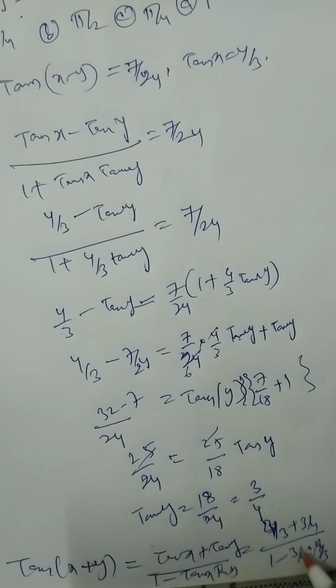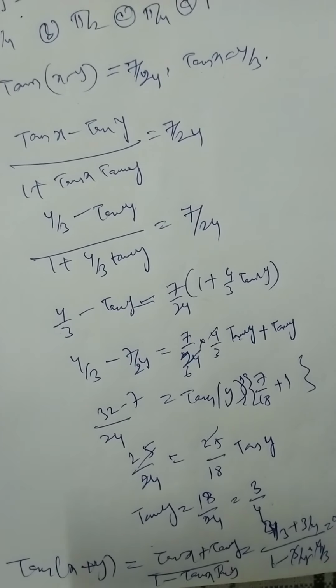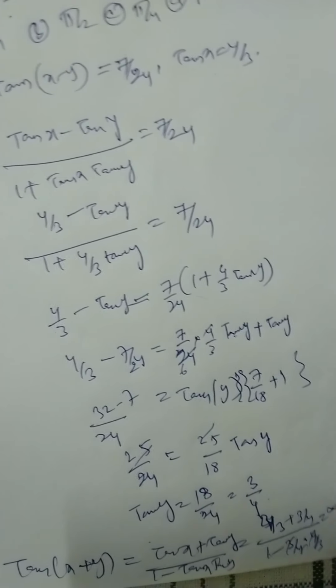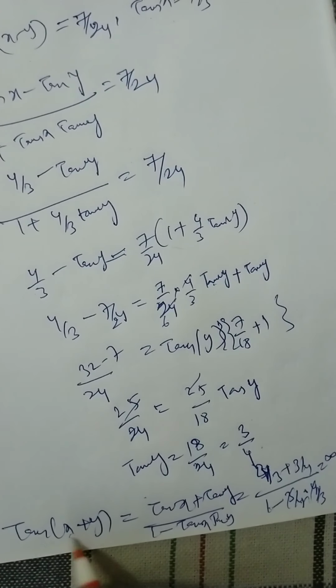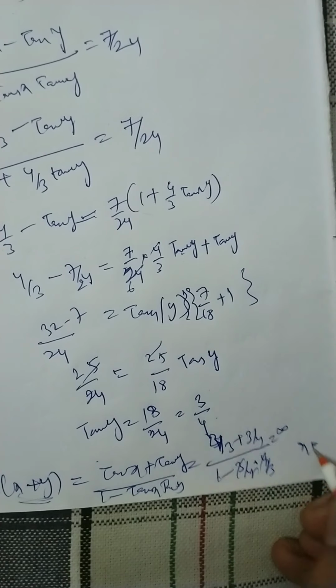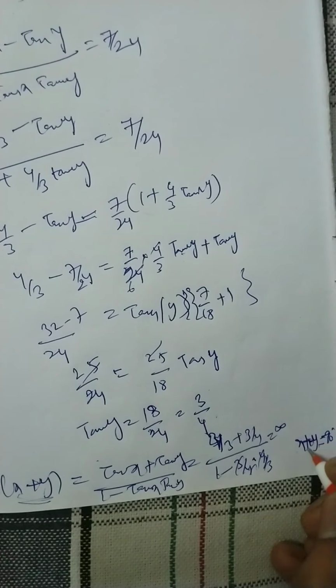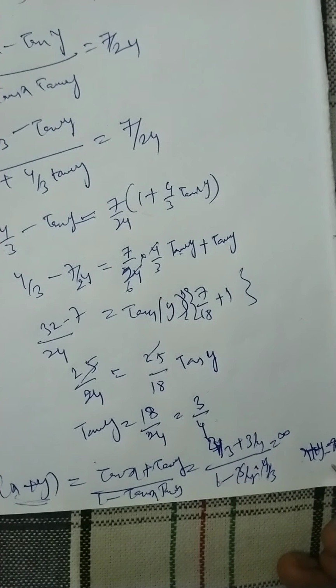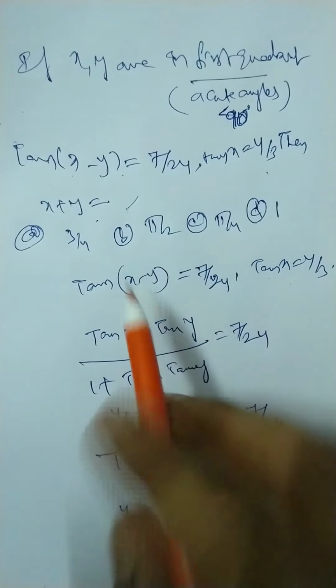You can see that this will get cancelled. So 1 minus 1 will be 0, something by 0 is infinity. So tan of a certain angle is equal to infinity, which means this angle must be 90 degrees. So we conclude that x plus y is equal to 90 degrees, or in radians, it is pi by 2.